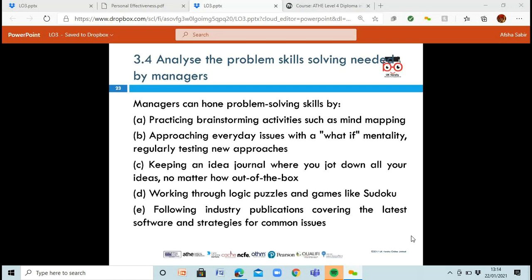There are tips and techniques, so it's really nice to make sure you look at your industry publications.